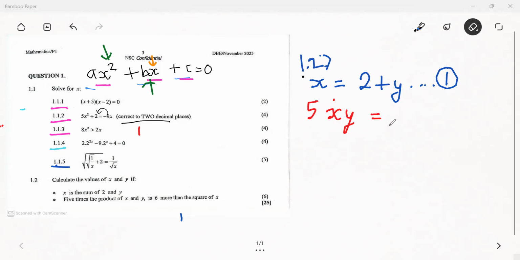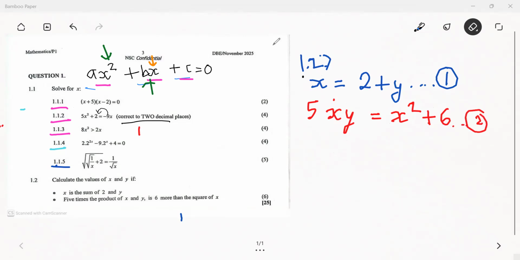The word is means equal to, is 6 more than the square of x. 6 more, which means plus 6, than the square of x, which means x squared plus 6. So 5xy is equal to x squared plus 6. That's equation 2.